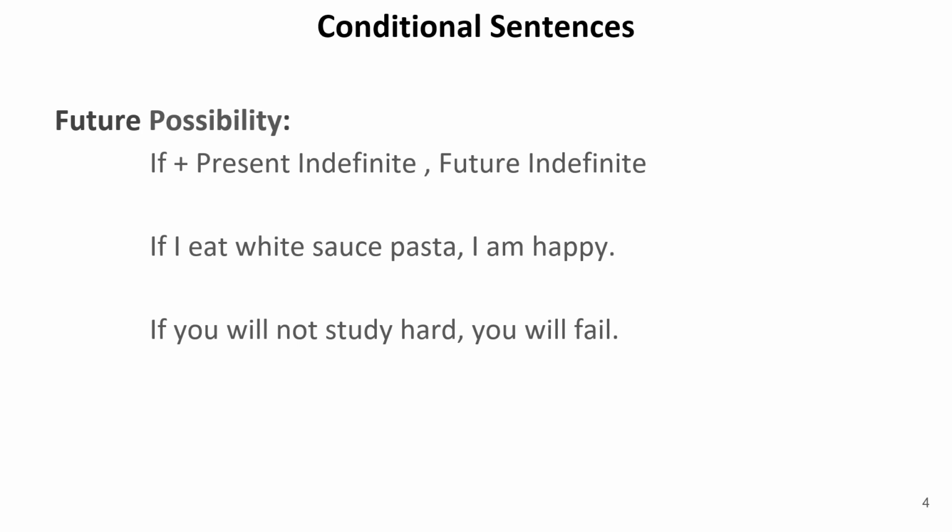For example, if I say to you that if you work hard, you will qualify your exam. But the time you will qualify your exam is somewhere in the future. It means the result that you are getting, you will get in the future.